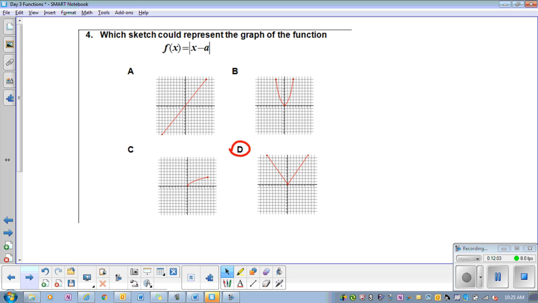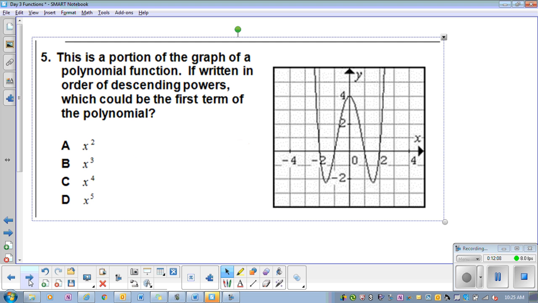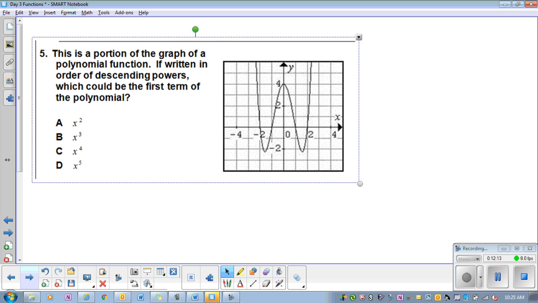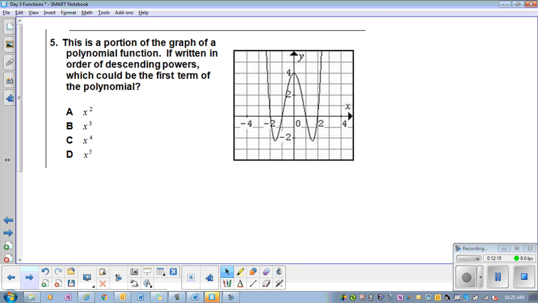All right, so let's look at the next one. This is a portion of the graph of a polynomial function. If you write this in standard form, what could be the first term? This is when we talked about polynomials, I think in unit 5, right? So guys, how many times does this graph turn?